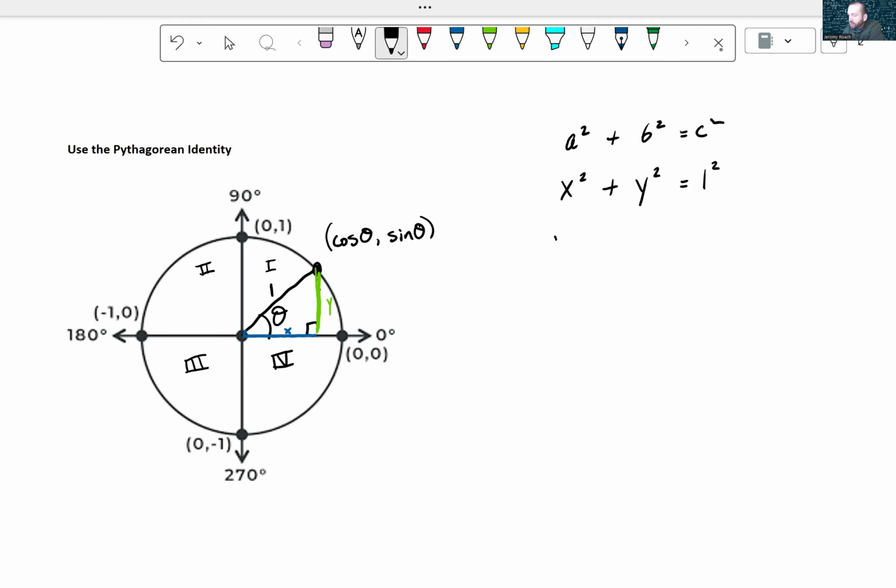So now we have x squared plus y squared is equal to 1, because 1 times 1, or 1 squared, is just 1. Now we said earlier that cosine of theta relates to x and sine of theta relates to y. So cosine squared theta plus sine squared theta is equal to 1.